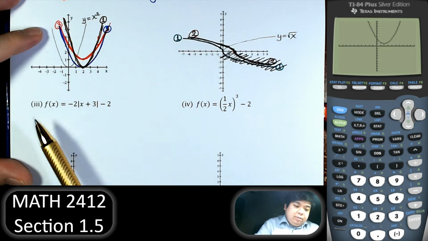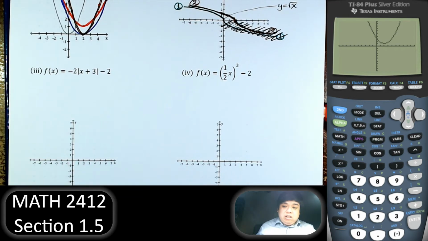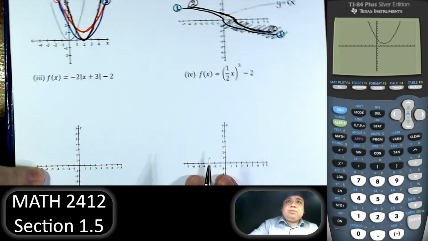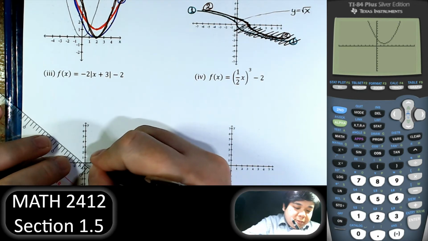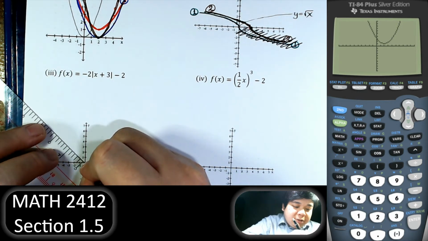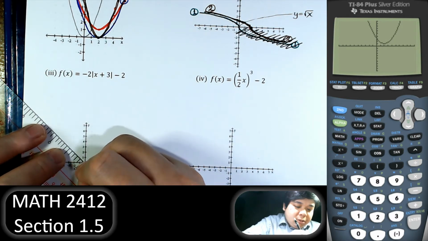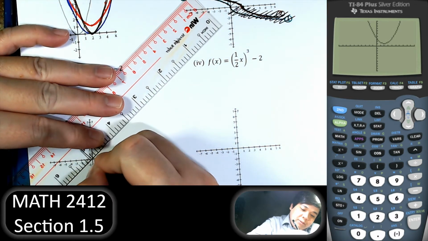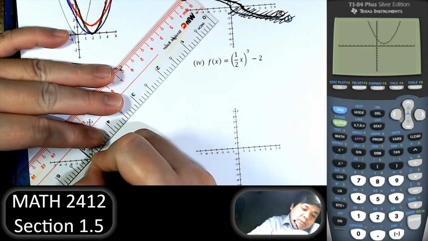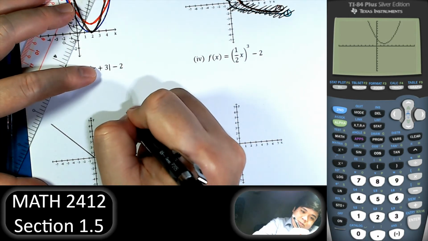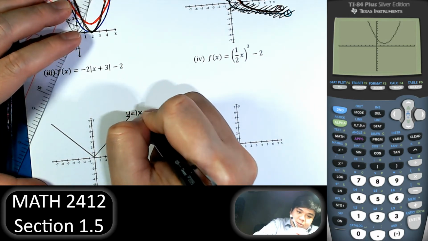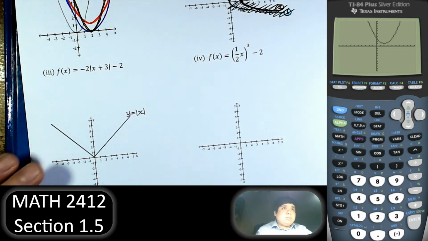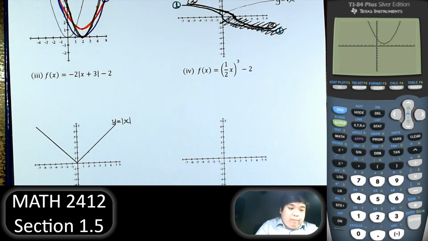Right. Next, we have absolute values. This is the basic function. So we have first absolute values. Right, now we have a few things attached to it.